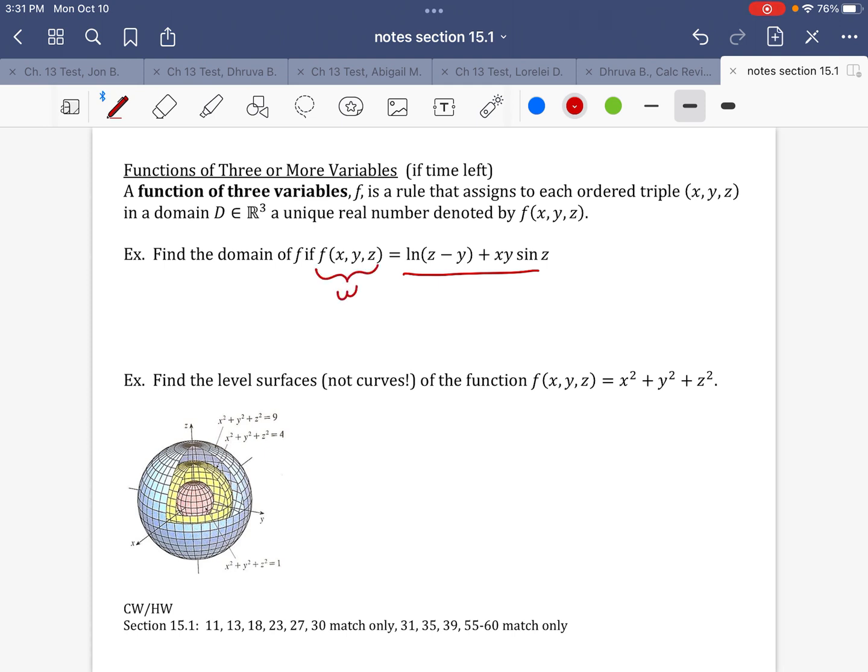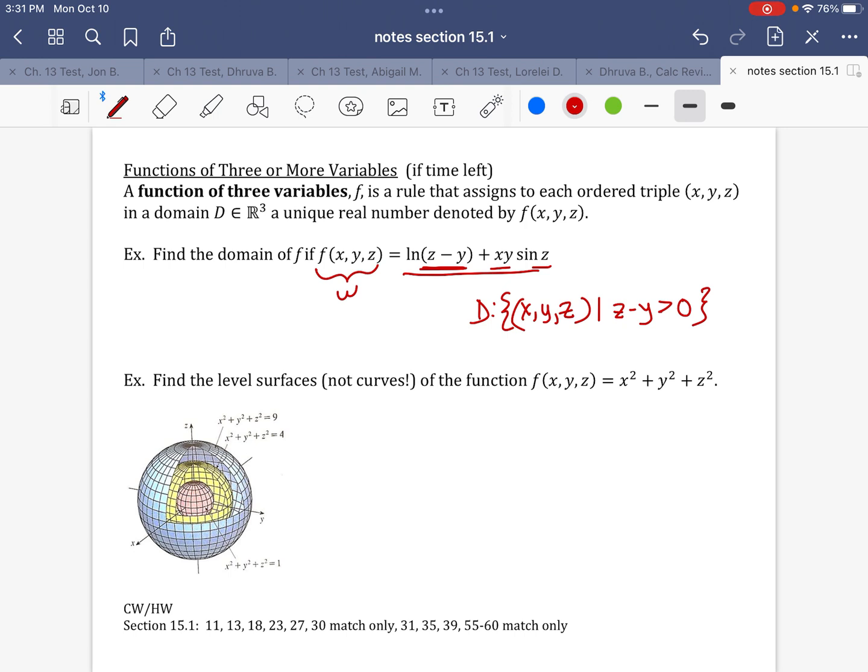And a lot of times they'll use the letter W for this. So if I wanted to do the domain of this thing, I would say it's x, y, and z values such that, and the only thing restricting me here, I can do the sine of anything, I can multiply by anything, but this piece right here, z minus y, has to be greater than 0. It can't even be equal to 0. You can't do the log of 0, you can't do the log of a negative.